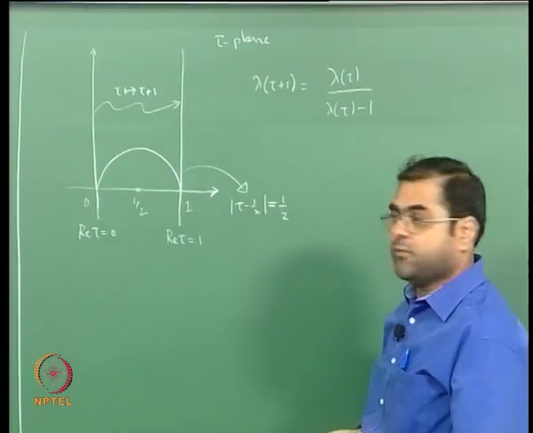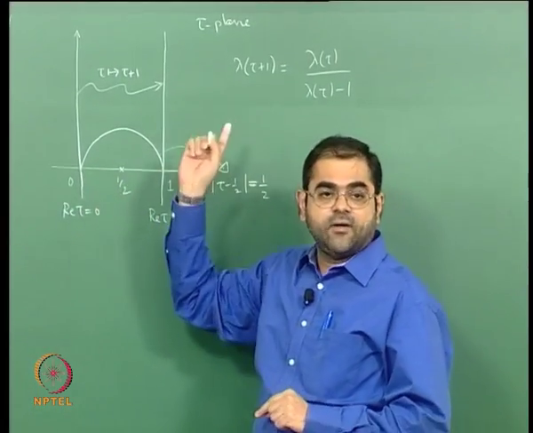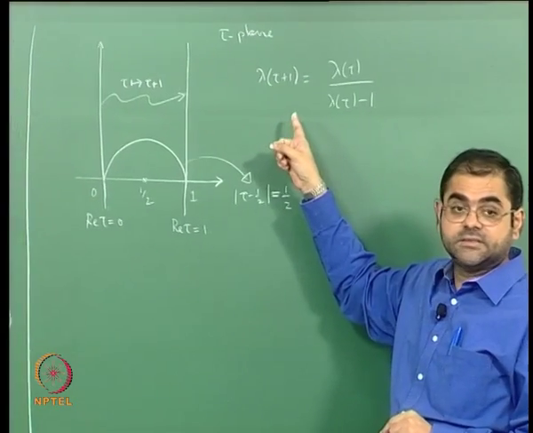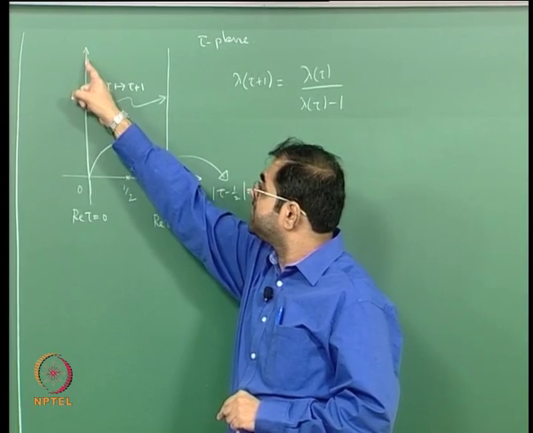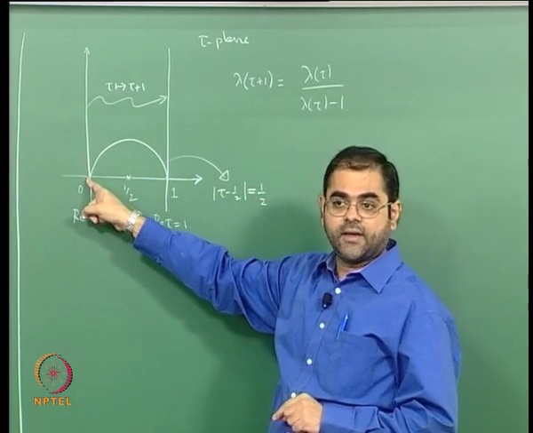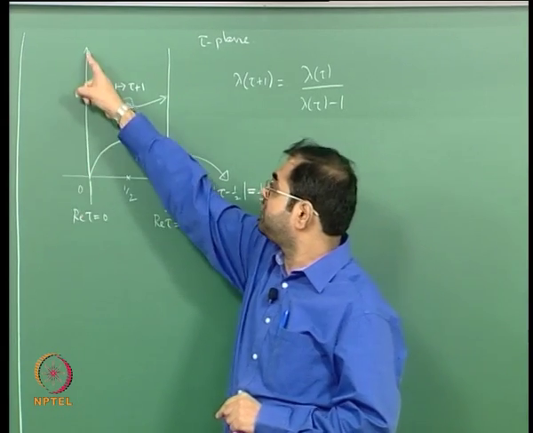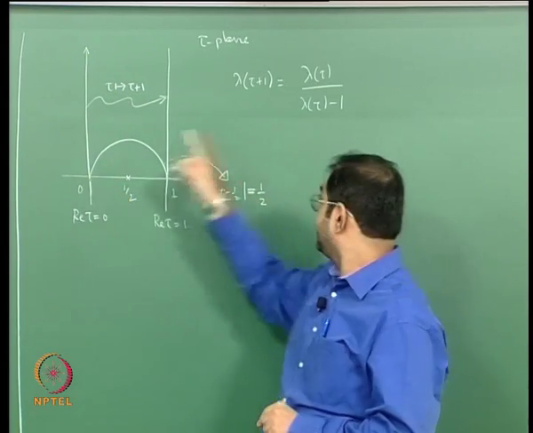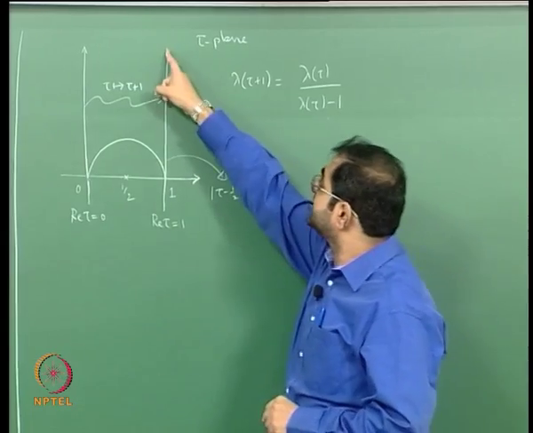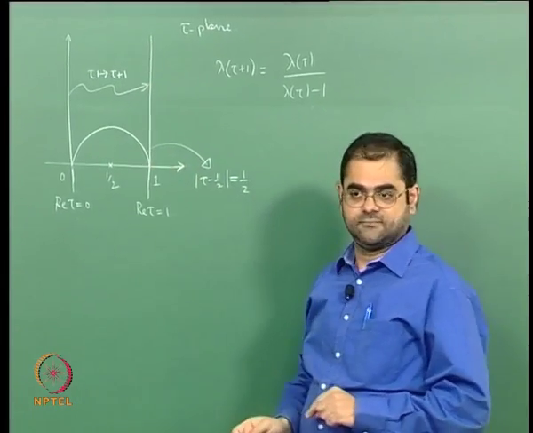Okay, so you know what is the advantage of this functional relation? It is that if I prove lambda of tau is real for tau on this, then this will tell me that lambda is also real on this, okay.